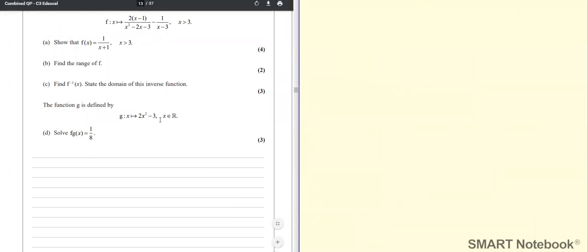Your x value here, because you're putting g into f, it says x can be any real value. So your x value can be anything. Okay, that's important to understand. So fg of x, first of all, equals 1 over 8.